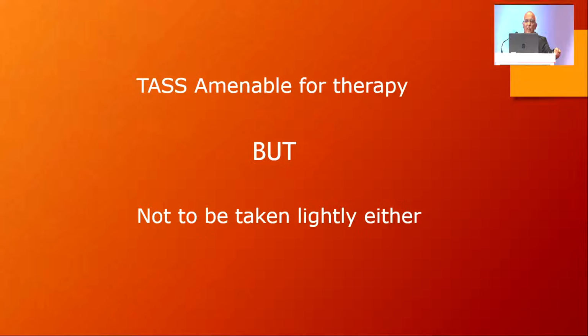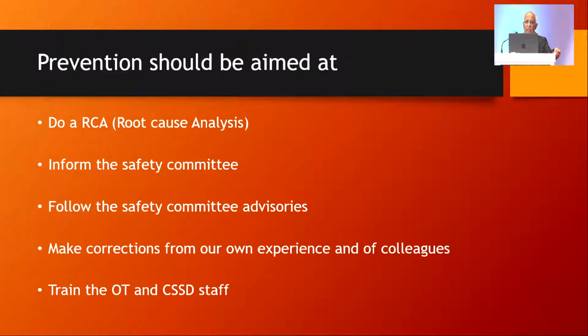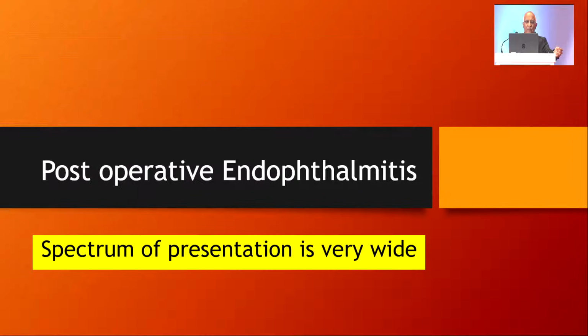TASS is amenable to therapy, but not to be taken lightly either. The response to steroids is excellent, but it can cause permanent damage to the endothelium. Prevention should be aimed at: do a root cause analysis, inform the safety committee, follow the safety committee's advisories, make corrections from our own experience and from the colleagues, and train the OT and CSSD staff.